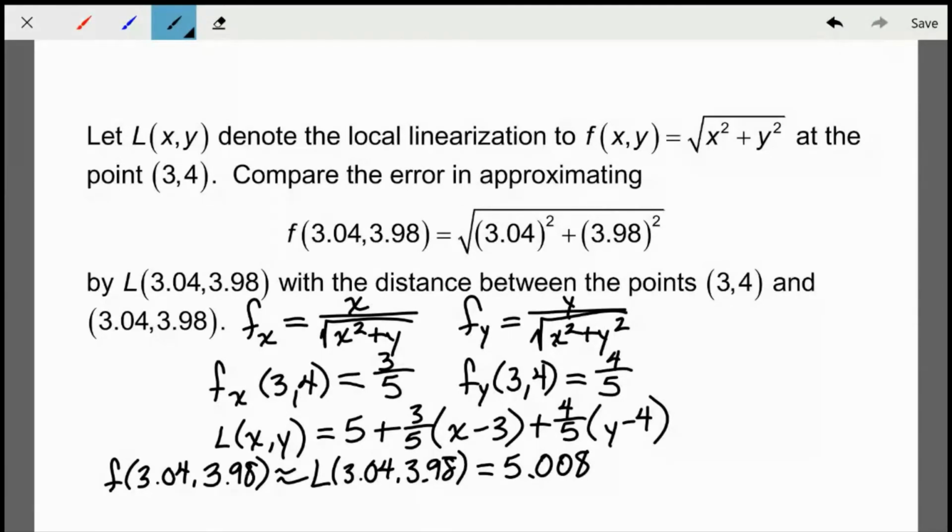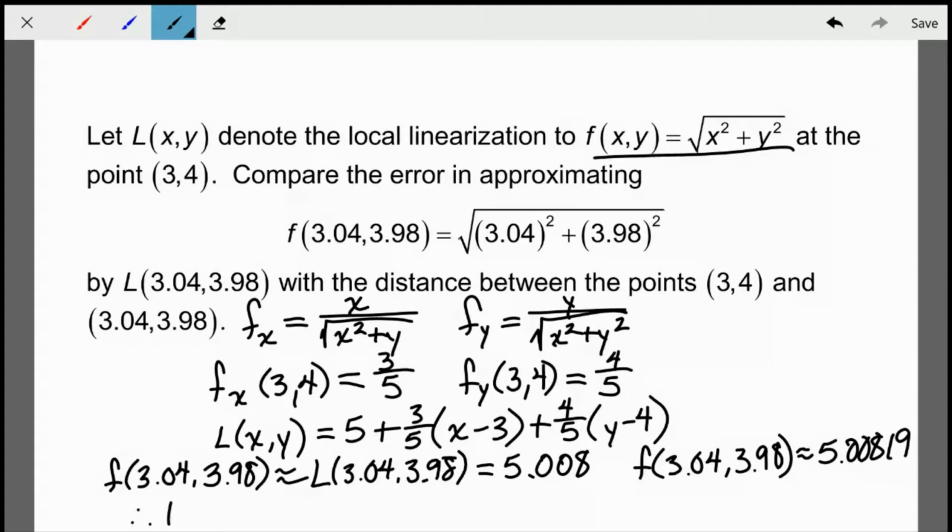Well, if I actually find f of 3.04, 3.98, so that means I'm actually plugging into that original function, what I get is a value of about 5.00819. Okay, so you can see my approximation value is pretty close to what the actual function value is. So my actual error here would be about 0.00019. Okay, so that's my actual error.